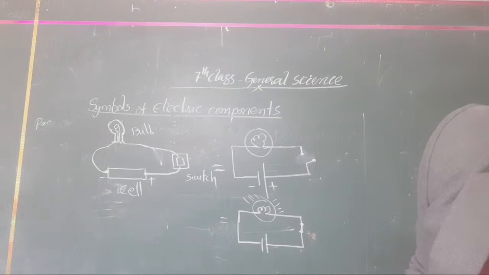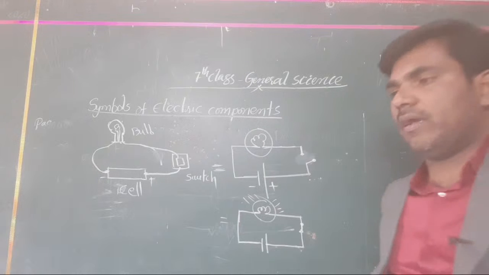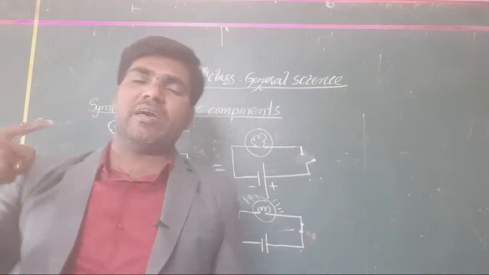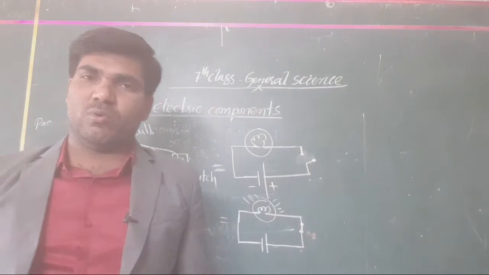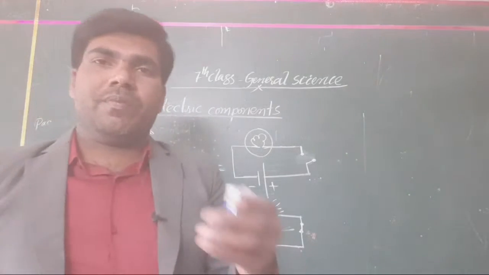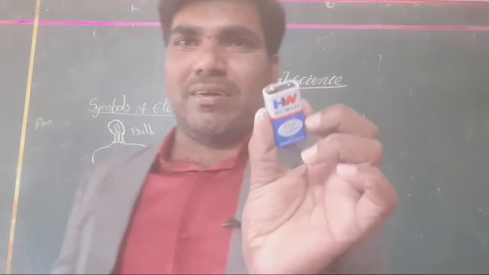Yes, got it? Now we are going to discuss how to construct a simple circuit, the order of connection of a simple circuit. How to connect it? Check it here. Here we have taken one battery.